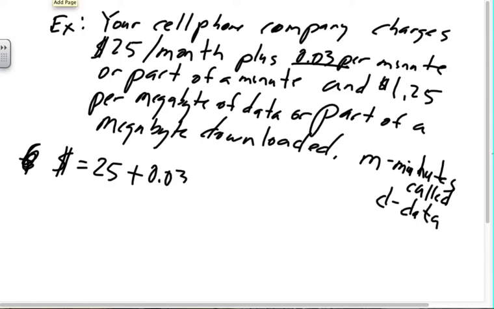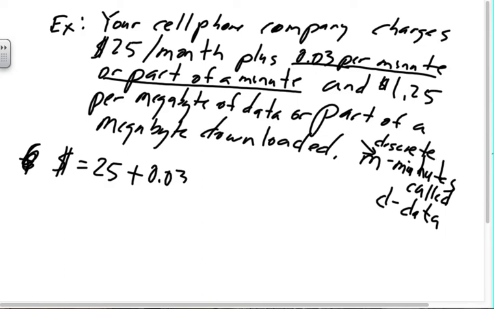Now if you look at that, it's per minute or part of a minute. So if you talk for 1 minute and 1 second, they're going to charge you for 2 minutes. So in other words, you're never going to get 1.1, 1.2, you're either going to get 1, 2, 3, 4, and on up, which makes this discrete.